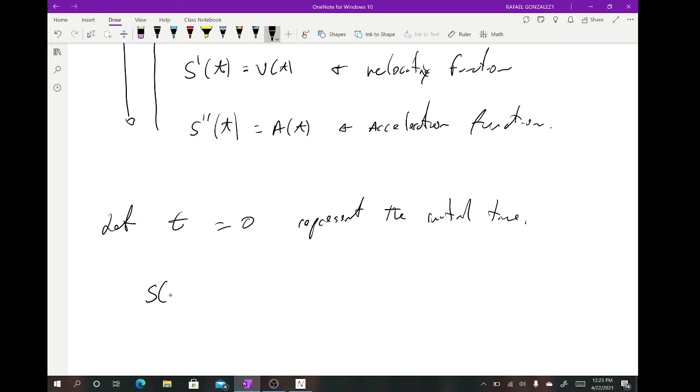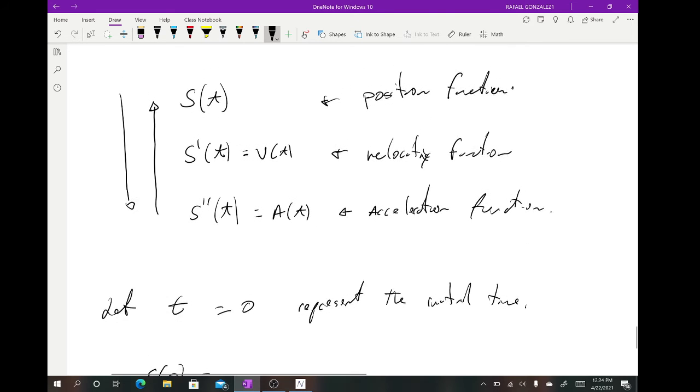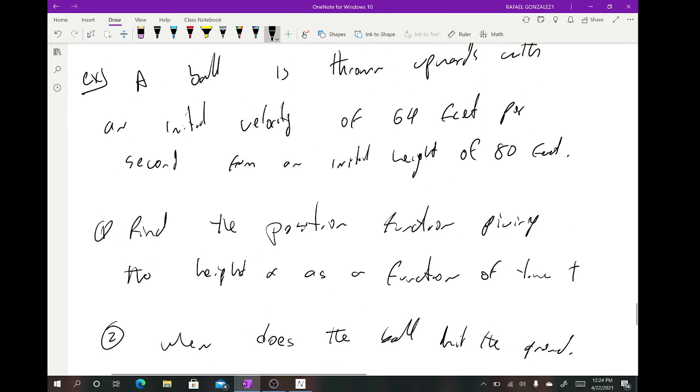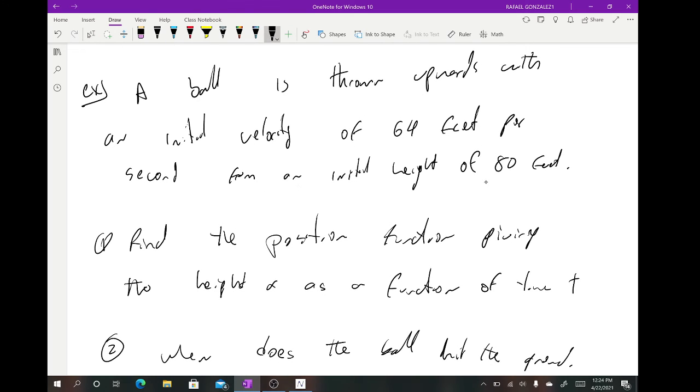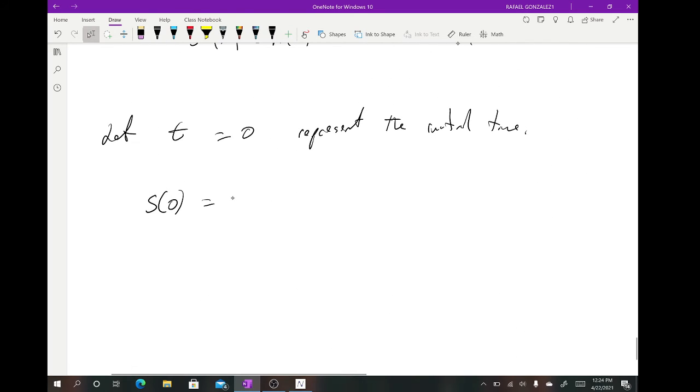We have s of 0, which is the position. I misspoke earlier. The position was given to be an initial height of 80 feet. And s prime, which is the velocity, is 64 feet per second.